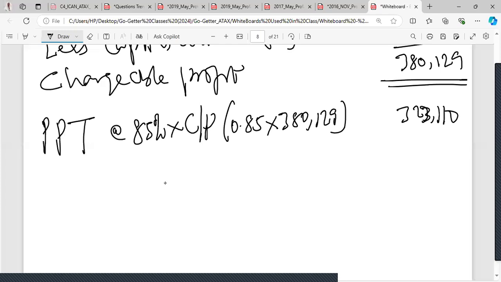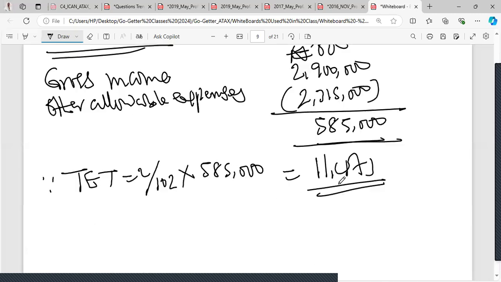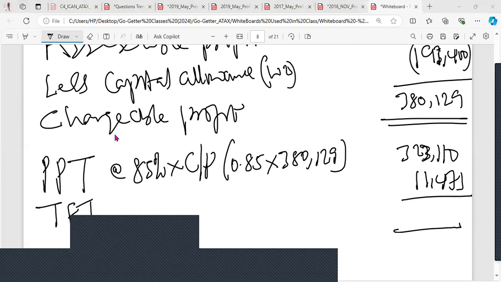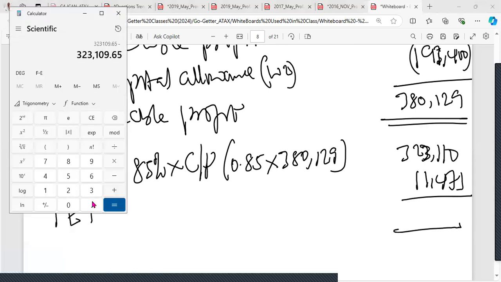Then your tertiary education tax, you've calculated it before, 11,471. So you can add them together to know your total tax payable. That will give you 334,581.